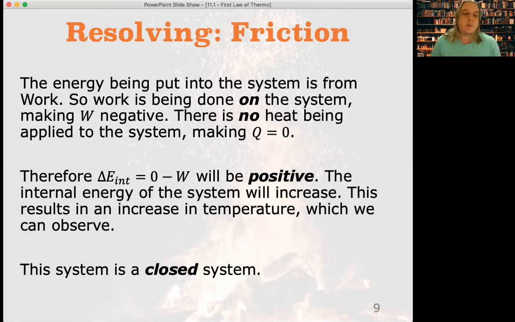Also, a note at the bottom that this is a closed system. There's no matter exchanging from my hands to the environment, or from my arms to my hands, although in reality there's blood flow and other things, but that's beyond what we're considering. So there's no mass change, but there is energy change because the work is coming from outside my two hands.